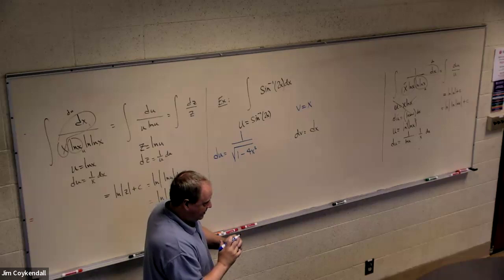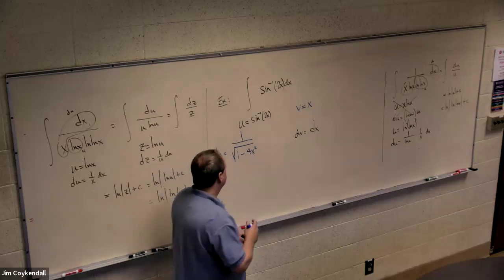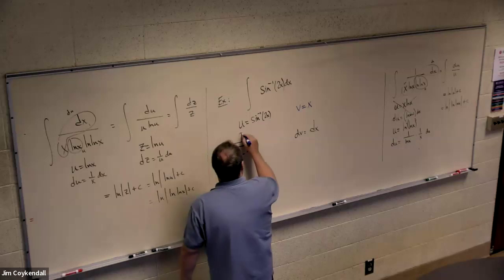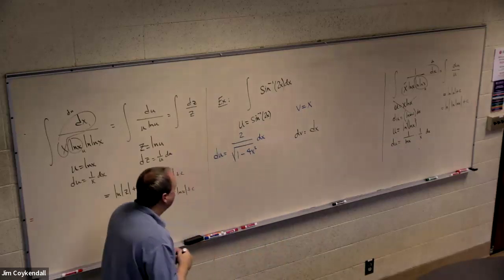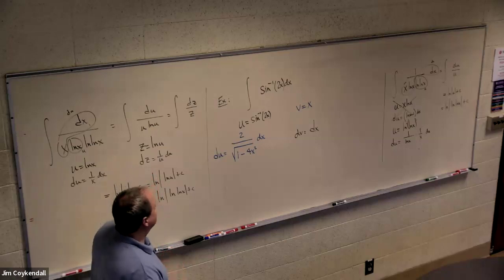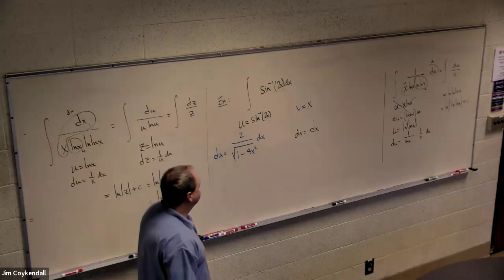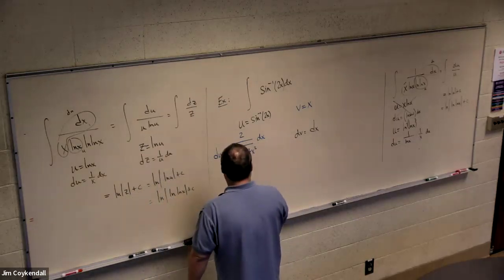Okay with that? Times what? Which is 2, and don't forget your dx. So that's what I got. Everybody okay with that? So it looks like parts are starting off rather well.